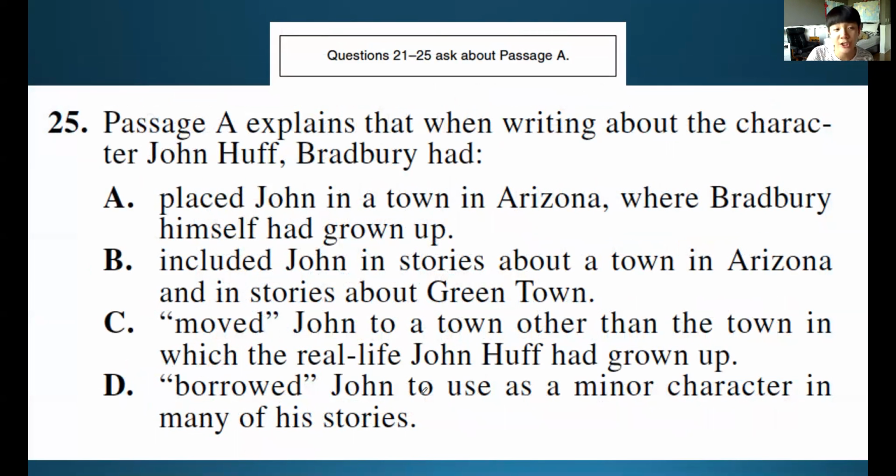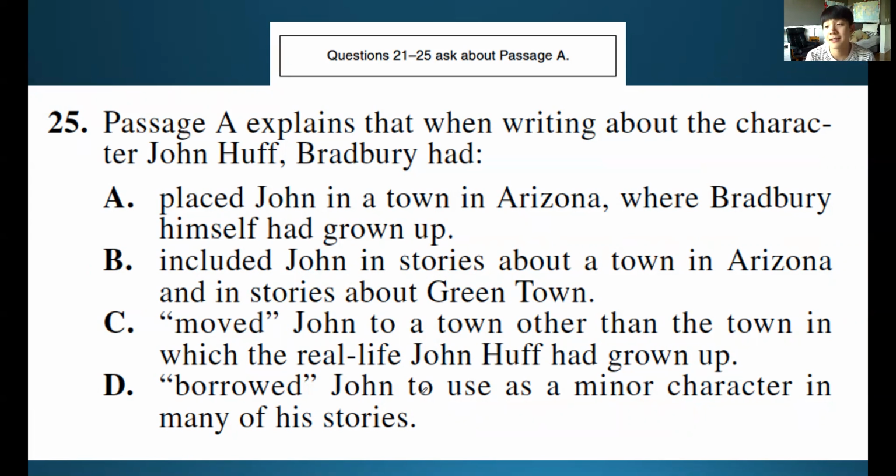Last question about Passage A. Passage A explains that when writing about the character John Huff, Bradbury had... And this one's focusing on lines 39 to 42. "I borrowed my friend John Huff from my childhood in Arizona and shipped him east to Greentown so I could say goodbye to him properly." So is his childhood friend actually being shipped over?